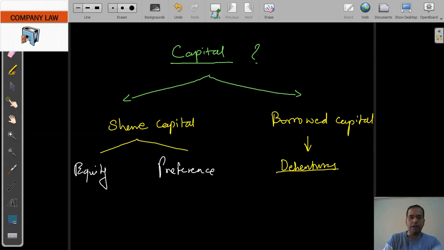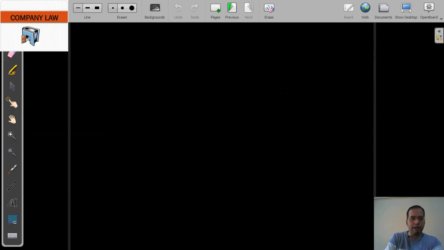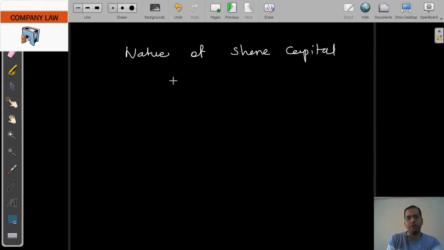So if I want to highlight the classification, or you can say the nature of capital, nature of share capital. First we will talk about the nature of share capital. Nature of share capital can be divided into various parts.